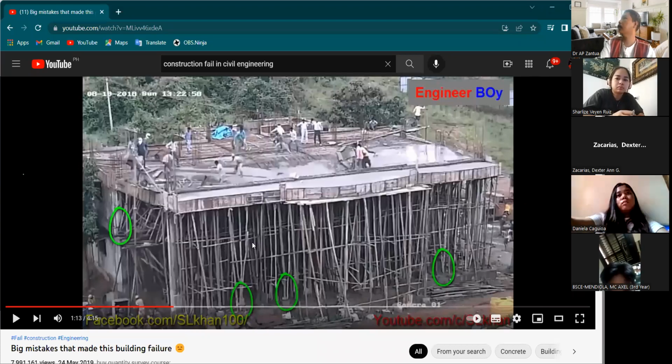So I think the average height of Pinoys is 1.5 meters. No, 1.6 to 1.7, 1.65. The average height of a Pinoy is 1.65.